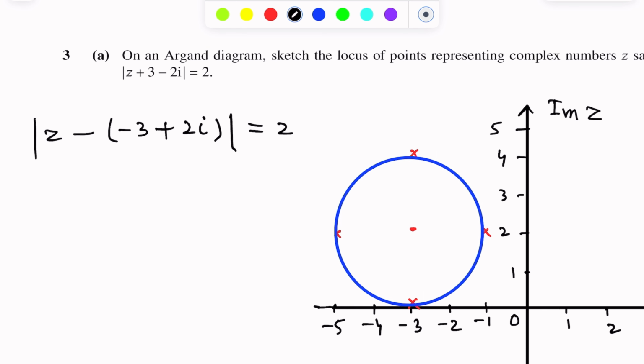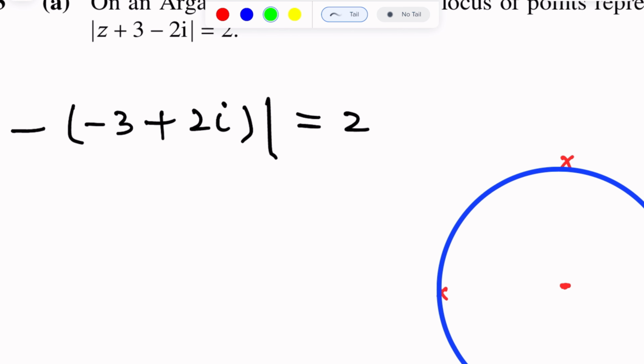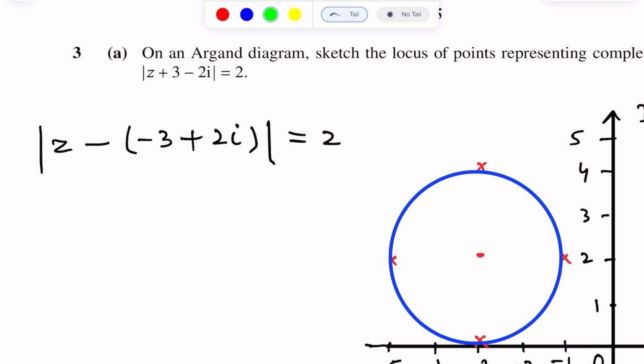This form will give us the center and the radius of the circle. This is a general complex number, and this is another complex number. The complex number within this bracket shows the coordinates of the center of the circle, and this figure 2 shows the radius of the circle.